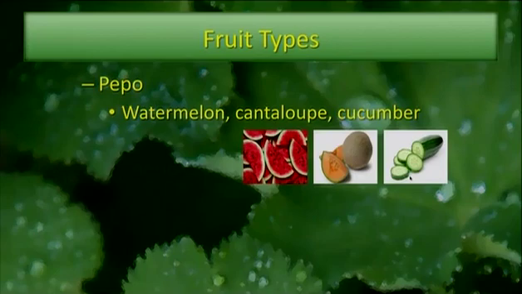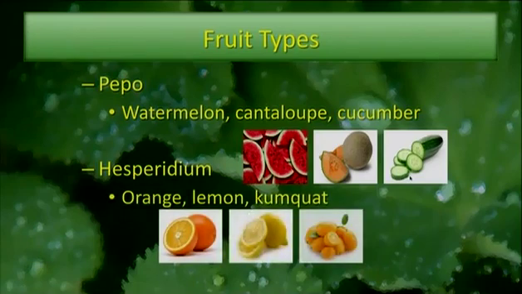Now hesperidium fruits are berries that have leathery skins with oils in them. Generally they're members of the citrus family, the Rutaceae. Of course that includes oranges, lemons, kumquats, limes, grapefruits, pomelos.